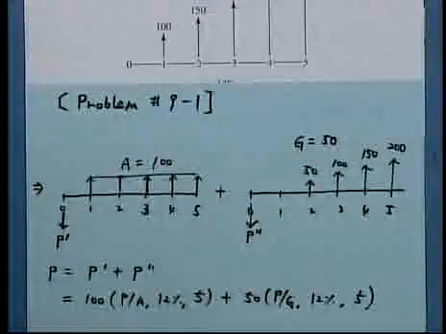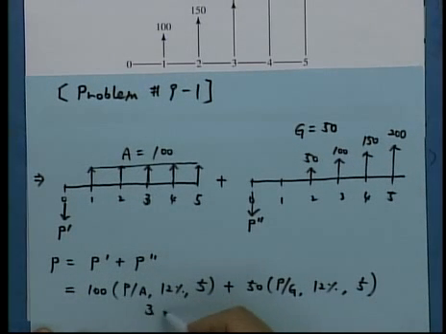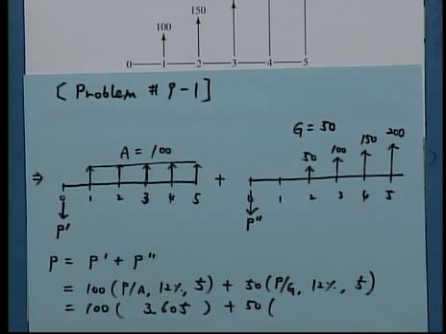And what is this table value? If you look at page number 614 of our text, P given A for 12% over 5 periods is 3.605. And the P given G over 5 periods is 6.397.